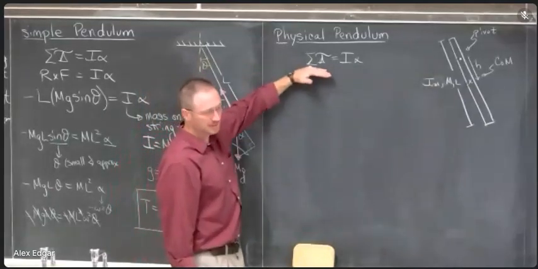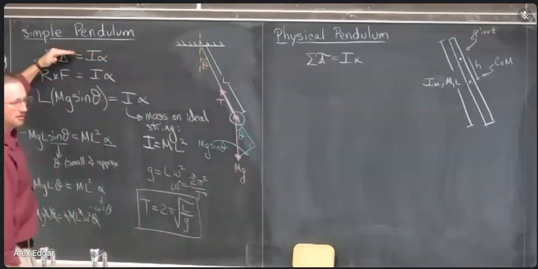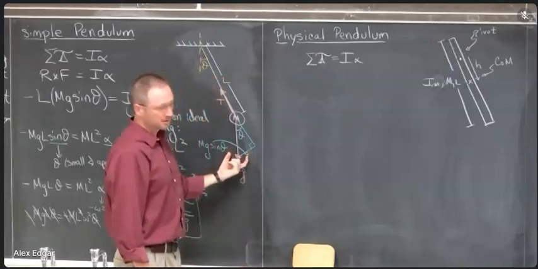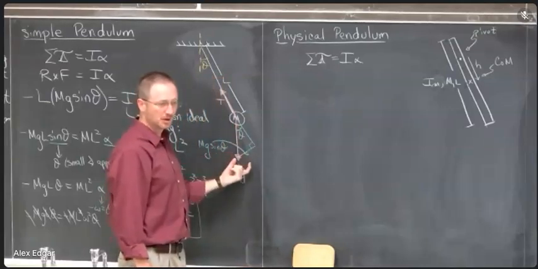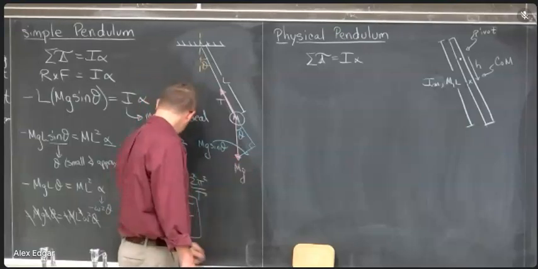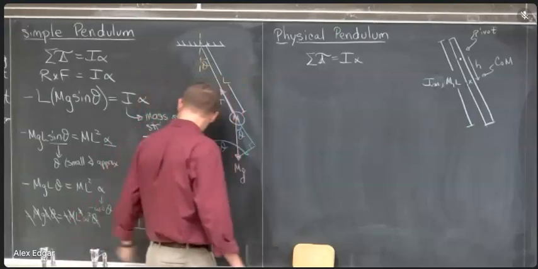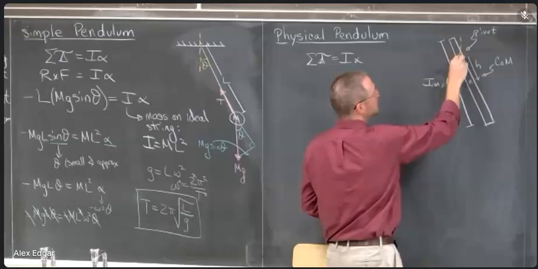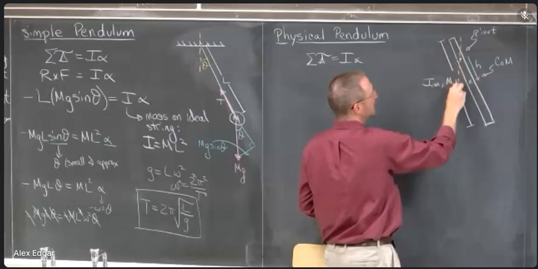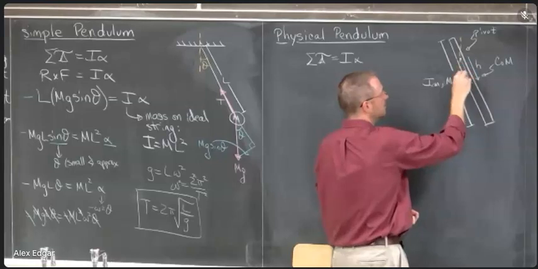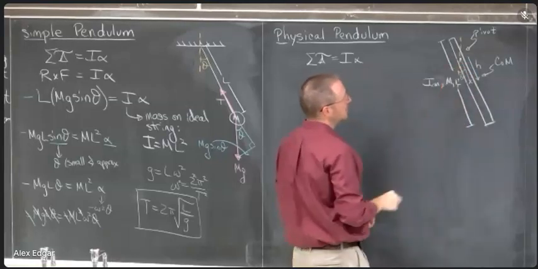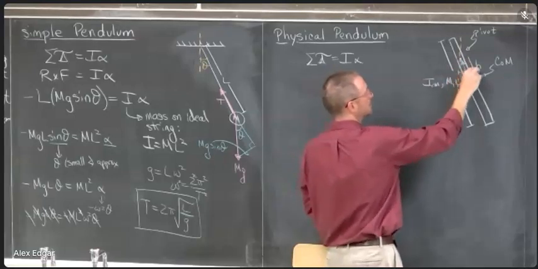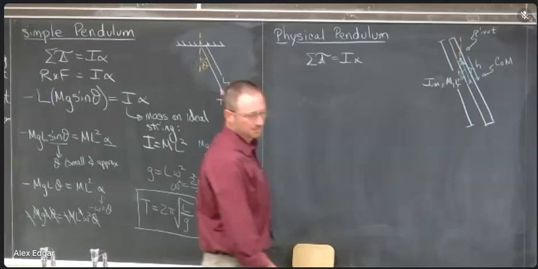Starting with the same place that we started last time, Newton's second law for rotation, we're going to look at this now physical object in exactly the same way with the forces as we did last time. We will displace it by an angle theta, and since this is the pivot, the angle theta is measured here. And our tension inside the object now, the tension points from the center of mass up to the pivot.